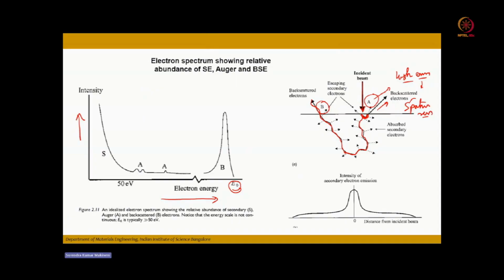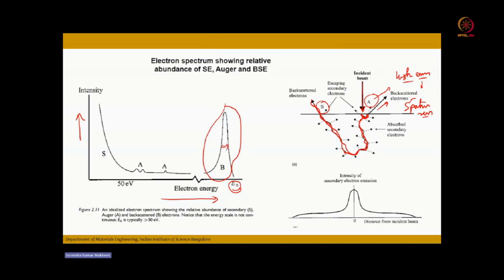However, the electrons which travel into the sample and then come out lose energy. These are the B type of backscattered electrons. You can see in this figure that B corresponds to the backscattered electrons and it has a large spread.